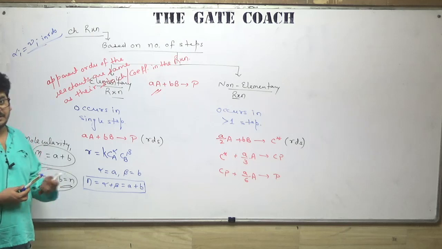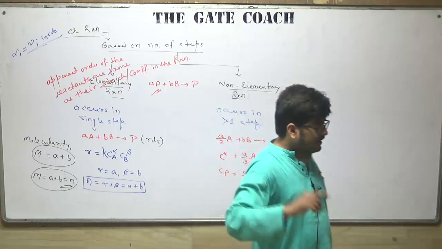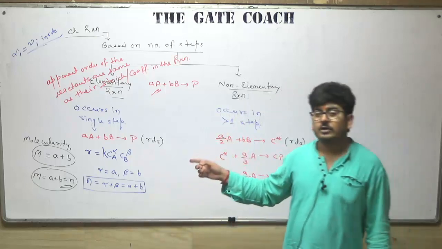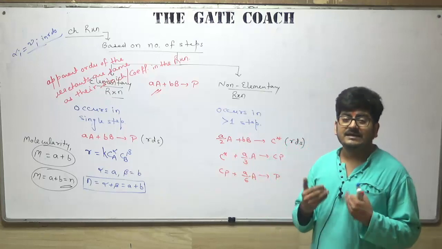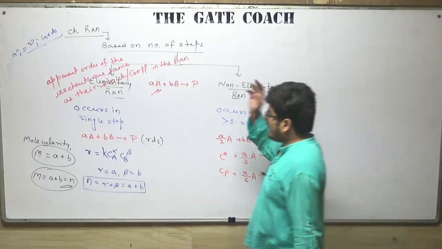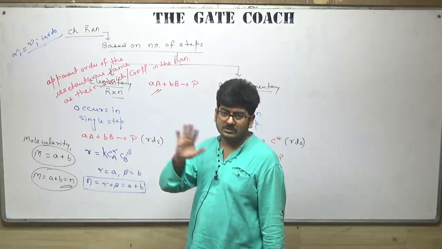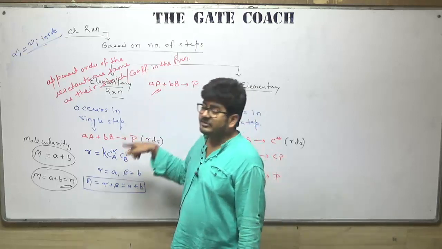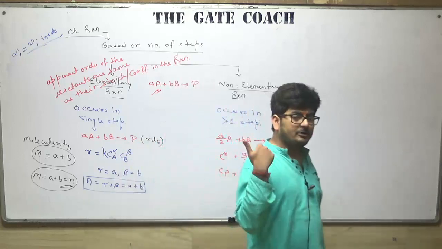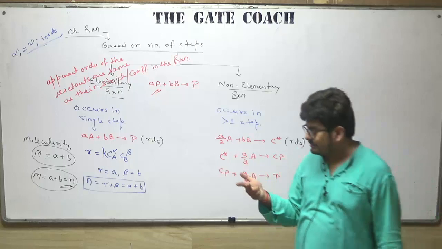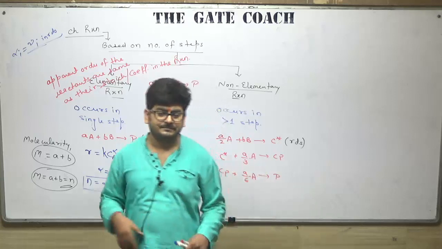So tell me one thing, for an elementary reaction, if overall order and molecularity are the same, then can I say that, as molecularity will be 1, 2 or 3 only, the overall order cannot be 0, cannot be negative, cannot be a fraction, and it will be 1, 2 or 3 only.